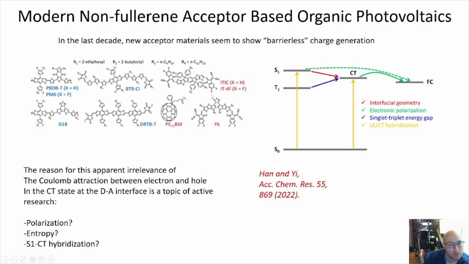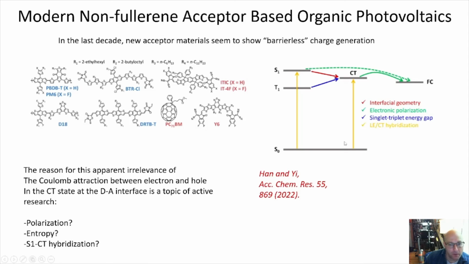And one of the most interesting things about the non-fullerene acceptors is that it seems to be the case that there is no barrier coulombically to go from the CT state at the interface to the free charges, or the CS state, where the charges are completely separated from one another.